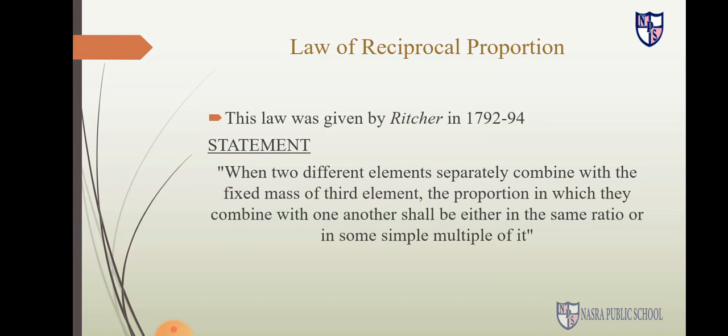Now these two elements are also going to combine with each other, so it will result in the formation of a third compound. And in this compound, the ratio of masses of these two elements will either be same or some multiple of the ratio in which they combine separately with the third element.